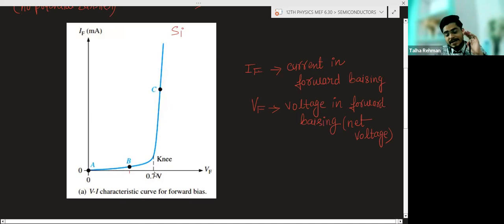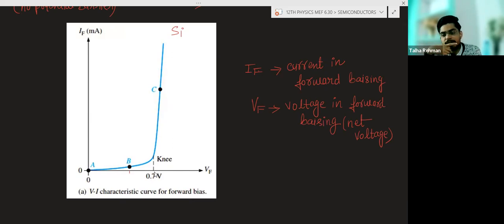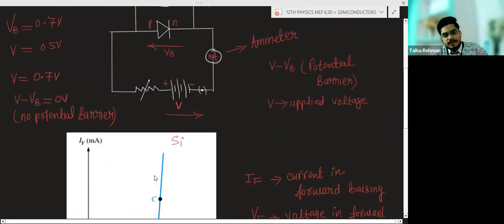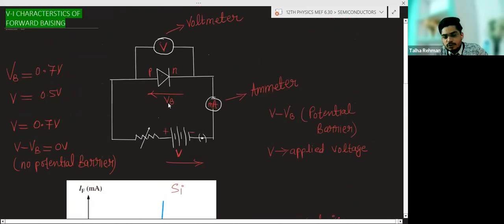Suppose you have applied the voltage that is equal to the knee voltage. So when you reach the knee voltage, this voltage will become equal to this voltage.